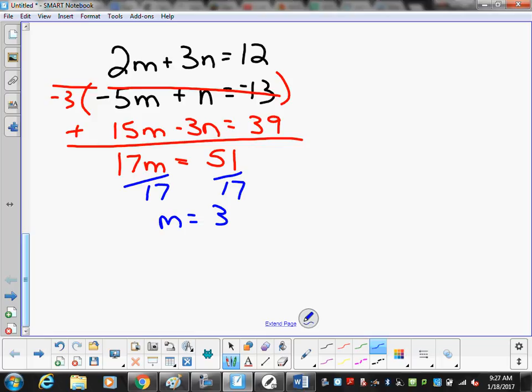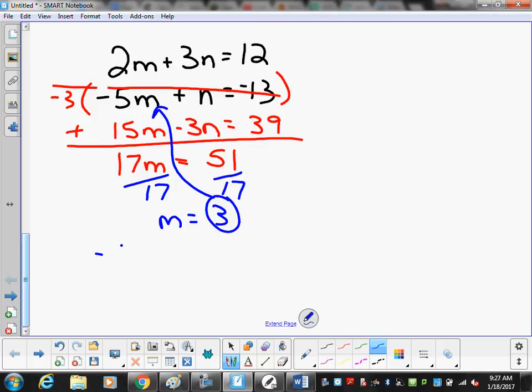Again, as you get one variable, then you got to go back and plug in to get the other. If I'm trying to find what n is, then I want n to be the easiest to solve for. So I'm going to go back and use this original second equation. I'm going to plug that 3 in there and solve for n.